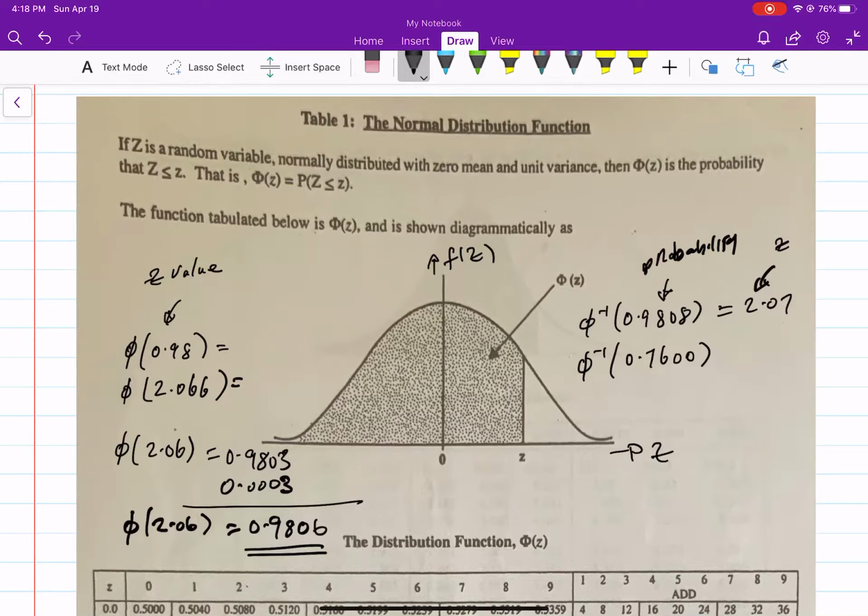Now, if you notice, under that graph, there's a certain portion of the area that's shaded. That shaded portion of area to the left of a Z value, and notice that Z value is a positive Z value, is referred to as phi of Z. Phi of Z, this notation right up there.